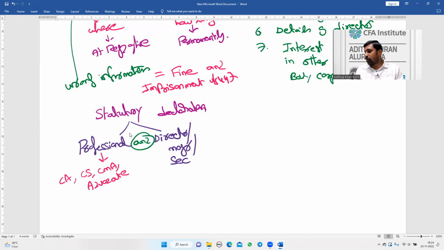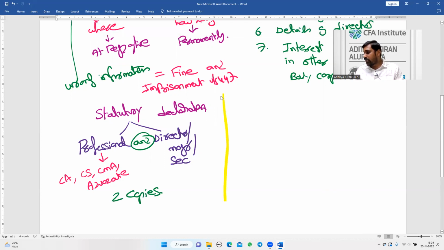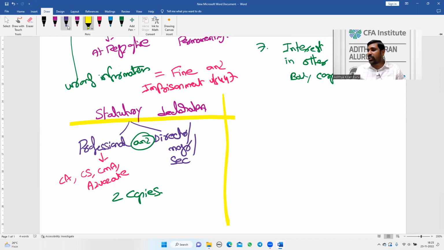Statutory declaration, how many copies? Statutory declaration has to be given in 2 copies. One from the professional, another from the director, manager, or secretary. What does this statutory declaration contain?